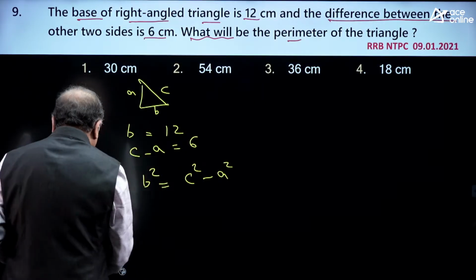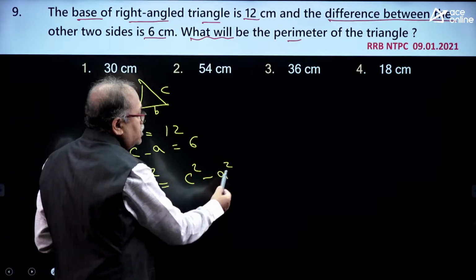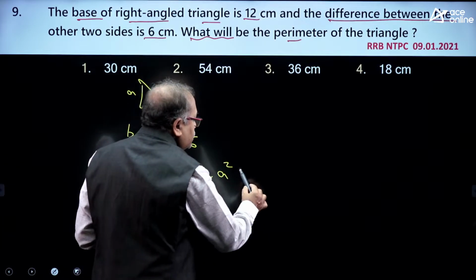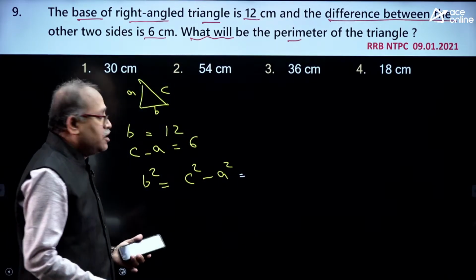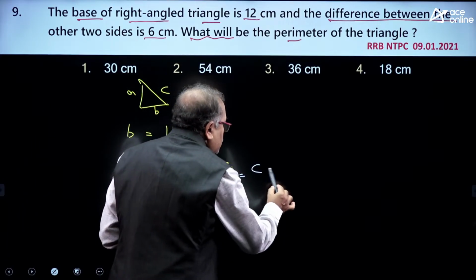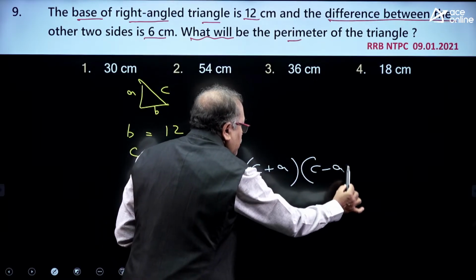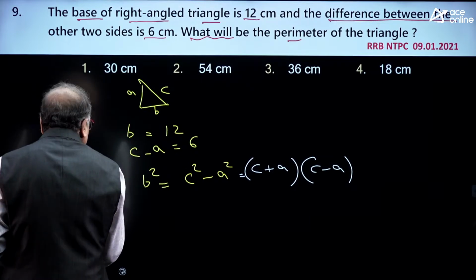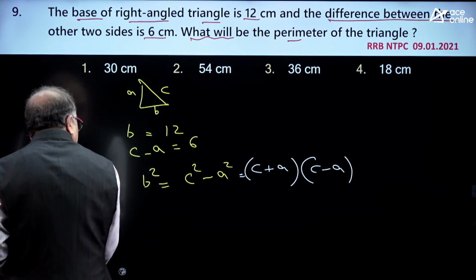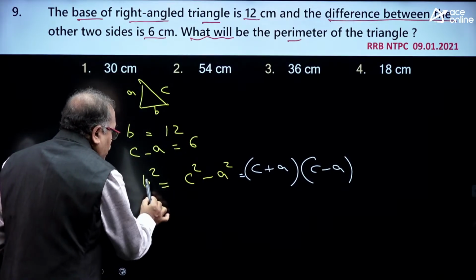Okay, how do I write this one? So, can I write A square minus B square, which is nothing but it can be written as A plus B into A minus B. So, C plus A into C minus A. And here, what comes here? The B square, I already know that B is 12.